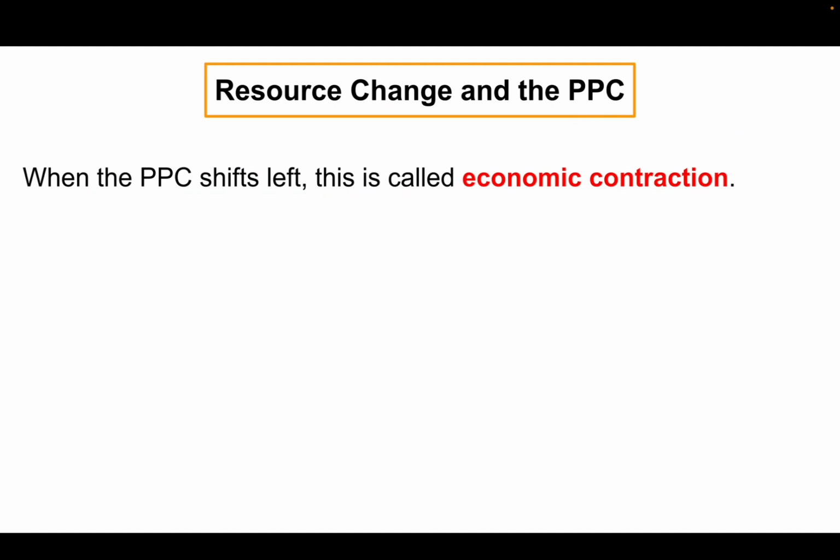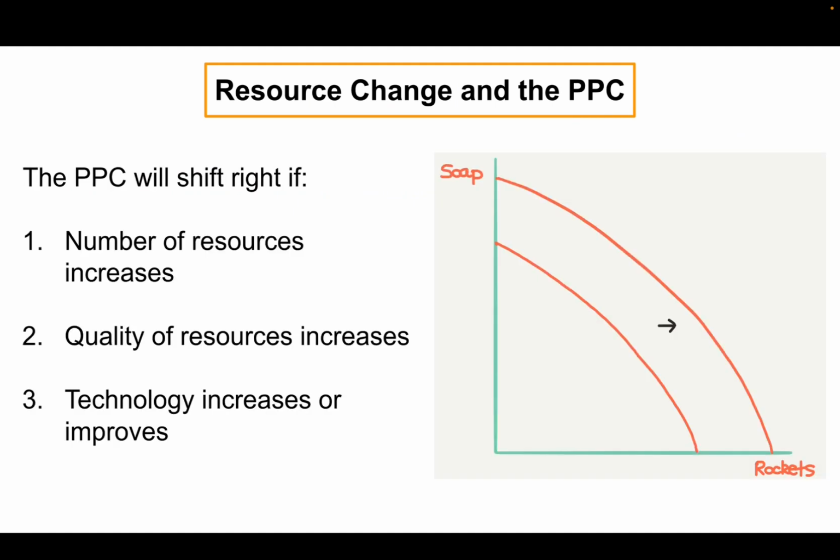So now let's look at it when it shifts to the right. When the production possibilities curve shifts to the right, that is the result of one of three things. Either you have more resources, better resources, or better or more technology.